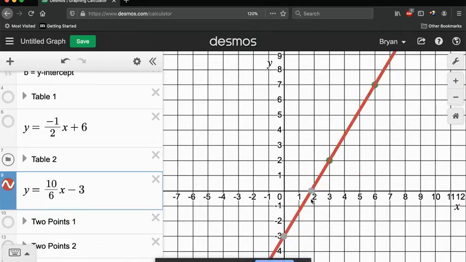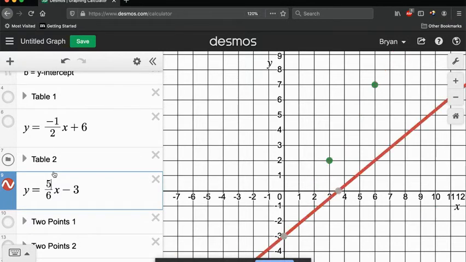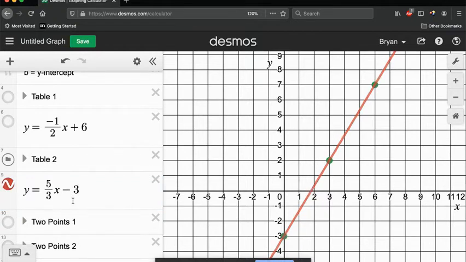So this would change to 10. Notice how I get the same exact line. So it doesn't matter what 2 points you choose for your slope. If you think about the fraction 10 over 6, really that reduces back to 5 over 3 because I can divide top and bottom by 2. And so it's really the same fraction, it's just not reduced in the other form. All right, cool.